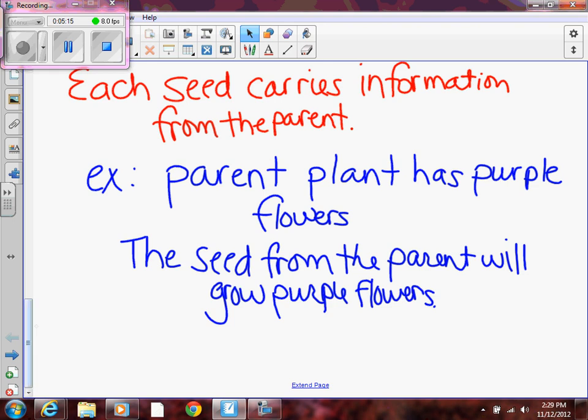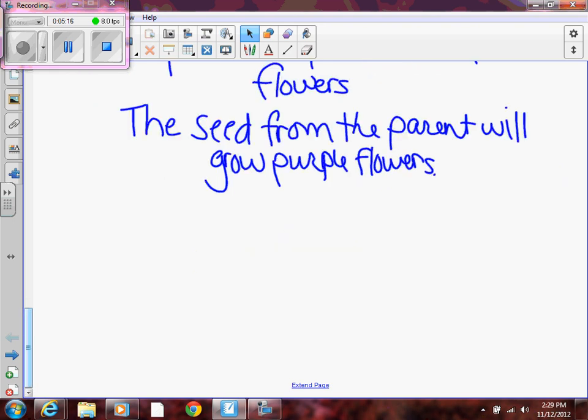These seeds can scatter as well. The seeds from the parent plant scatter either away from the plant or they get carried away. Right?